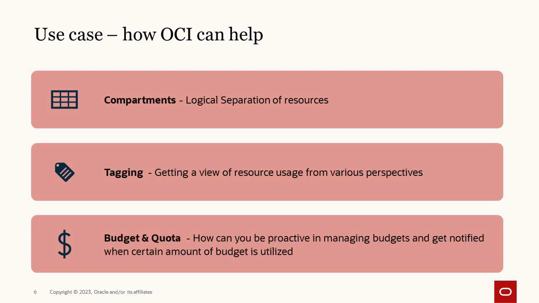And lastly, budgeting and quota: using budgets to be proactive in managing your consumption and being able to get notified when a certain amount of budget is utilized, as well as using quotas to make sure your employees are not over-provisioning resources that might be expensive or over your budget.